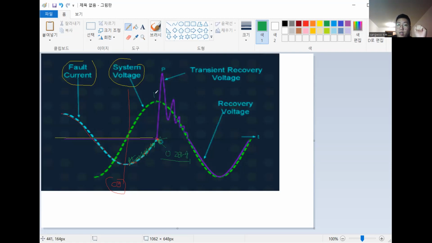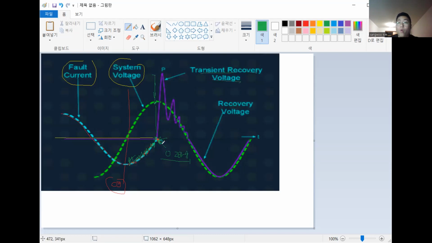But at that time, look at that. Here's V, and it changes to be an LC circuit, as you guys remember, right? So this swing happens. At this point, it wants to go to here, and that's why we say this is transient recovery voltage.